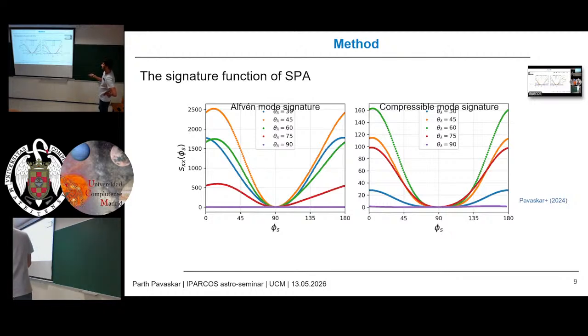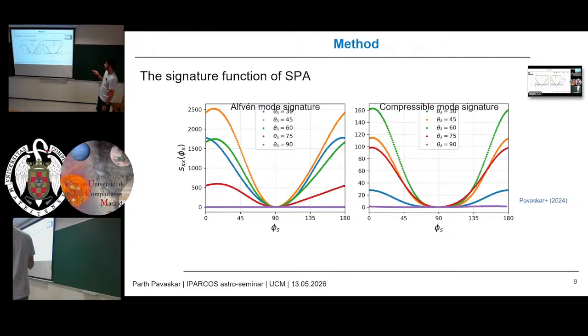Naturally, when theta lambda is 90, I assume it means that the magnetic field is pointing towards you, so it doesn't matter how you rotate, your frame is anyway pointing towards you. Anyway, this is how the signatures look like, and you will see that the structural form is quite similar, but especially at the phi s equal to pi by 2 region, you will see that you have this valley feature that changes width.